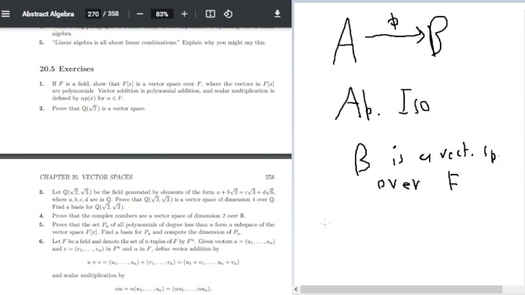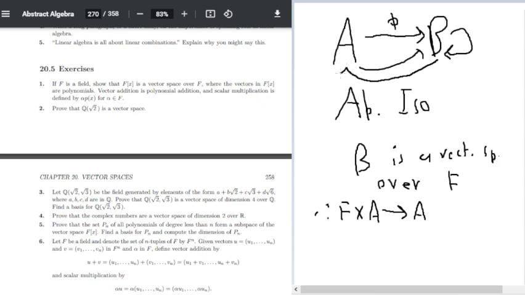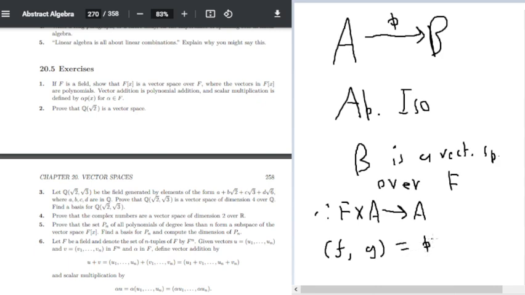Now define a vector space structure, define a product from F times A to A, and it will be given by this. We'll first transfer A to B, apply the operation in B, and then transfer B back to A. So explicitly defining this, we'll call it fa, which will be equal to phi to the negative 1 of f of phi of a.